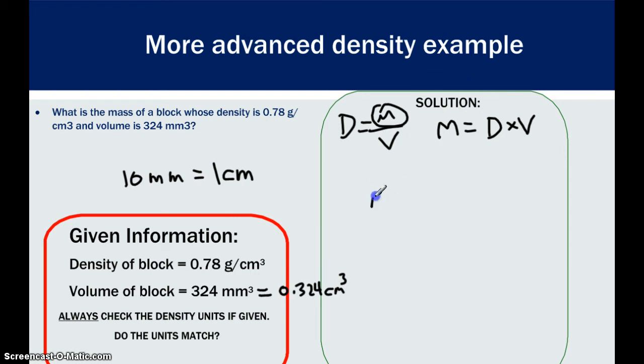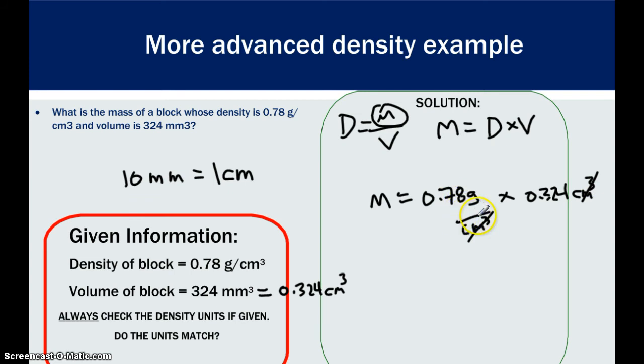So if you want to know the mass, it's the density times the volume: 0.78 grams per centimeter cubed multiplied by the volume, 0.324 centimeters cubed. Centimeters cubed and centimeters cubed cancel out, so you're left with grams.